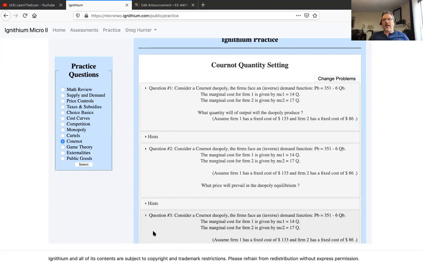But those are more sophisticated models and beyond the scope of this course. But just so you know, you'll always be hanging your analysis on marginal revenue equals marginal cost. That won't ever change. It's just the stories about what marginal revenue looks like and what marginal costs look like that change.